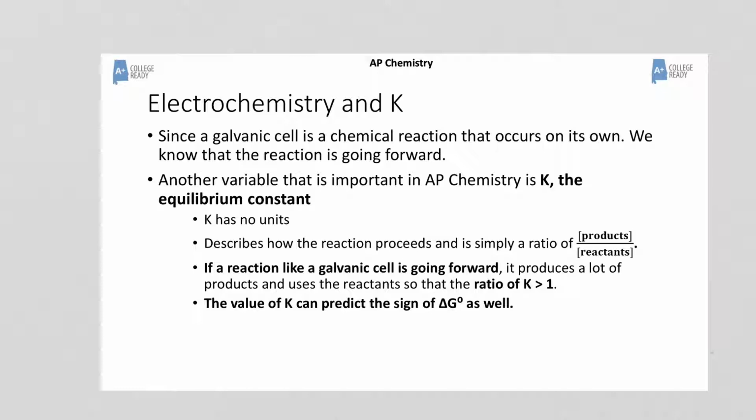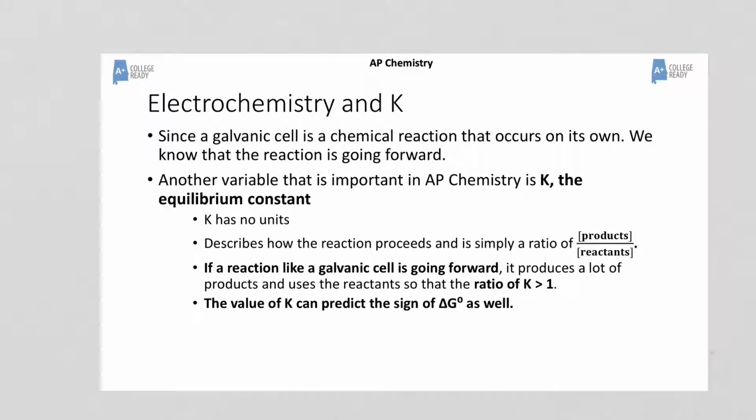So just remember that if the forward reaction is favored or products are favored, we can speak of that in terms of this K. All right, and again, equilibrium is a huge topic in AP Chem as well. It's its own big idea, and that will be covered in great detail, but we can talk about it generally here as well.